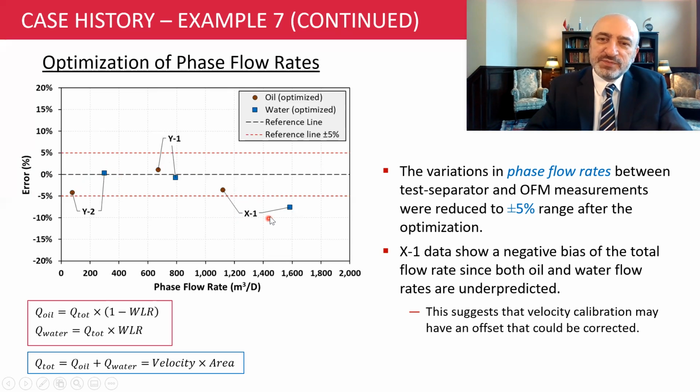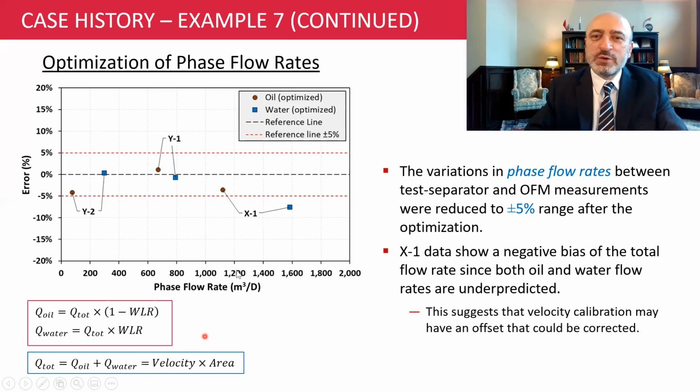So remember that the water cut error on this X1 was only within ±1%, as we have seen on the previous slide. But here we have larger errors. So that actually tells us that that error must be coming from the total flow rate measurement, the velocity measurement.